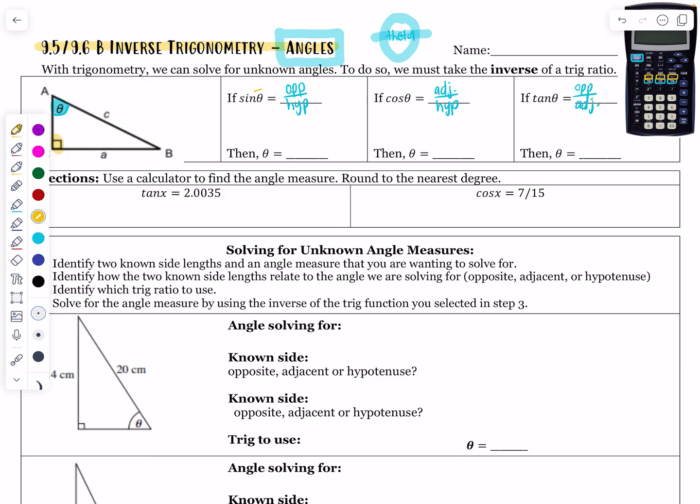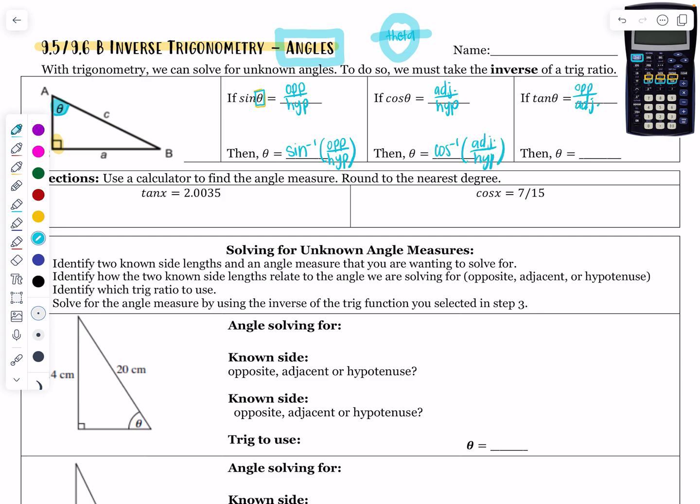To solve for this actual angle, right now it's the sine of theta. We want to do the inverse sine, so sine to the -1 of both sides, and that makes theta alone by itself on one side. That becomes the inverse sine of opposite over hypotenuse. Then we have the inverse cosine of adjacent over hypotenuse.